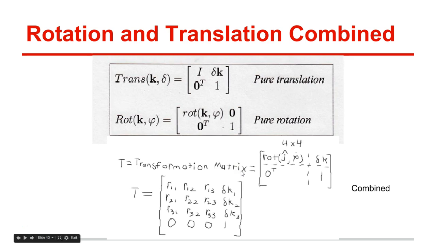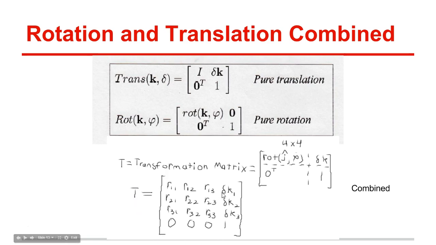If you want to combine the translation and rotation matrices, you just multiply a vector by something called a transformation matrix, which is the combination of both rotation and translation. It's as simple as putting the rotation in the top left corner, which used to be the identity matrix for the translation matrix. So you have the rotation matrix in the top left, you still have zeros in the bottom, you have the 1 on the bottom right, and you have the x, y, and z for the translation in the top right. And here it is in expanded form.